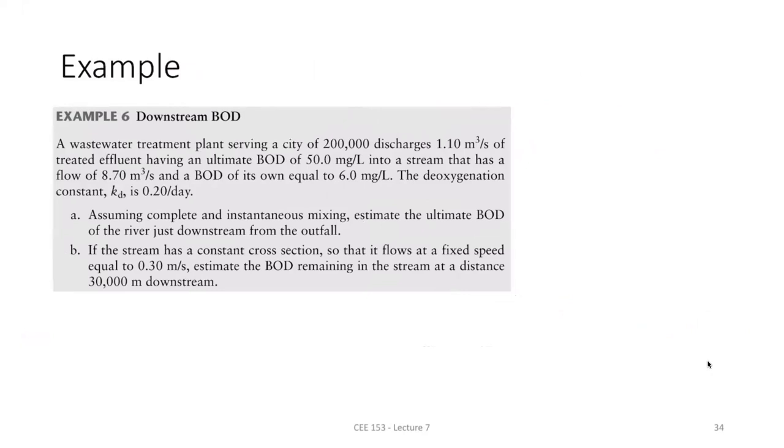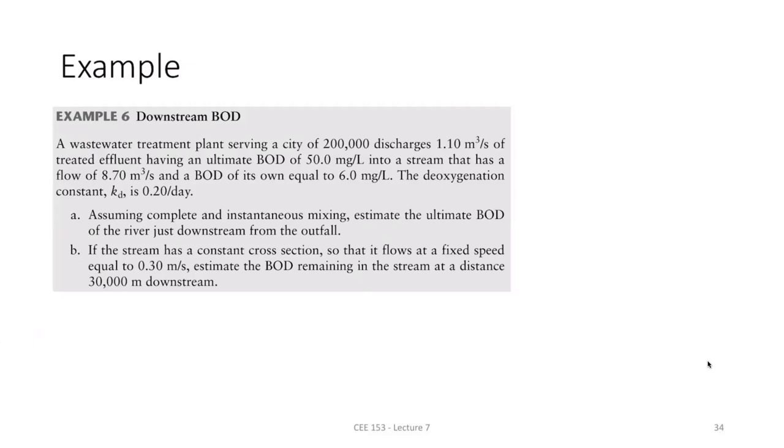So example 6: a wastewater treatment plant serving a city of 200,000 discharges 1.1 meter cube per second of treated effluent having an ultimate BOD of 50 milligram per liter into a stream that has a flow rate of 8.7 meter cube per second and a BOD of its own of 6 milligram per liter.